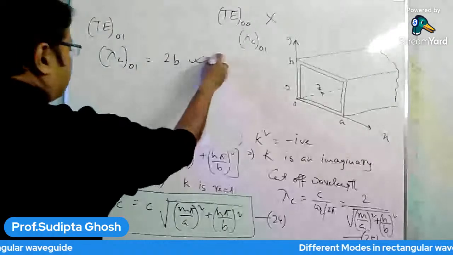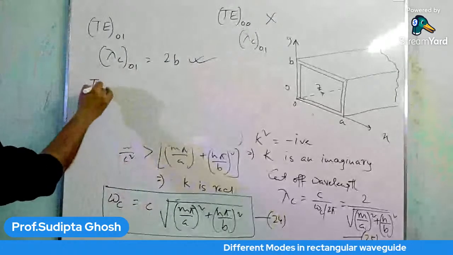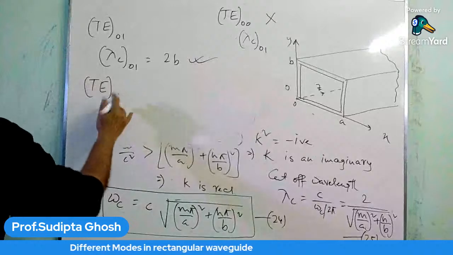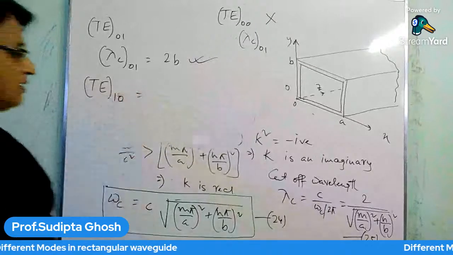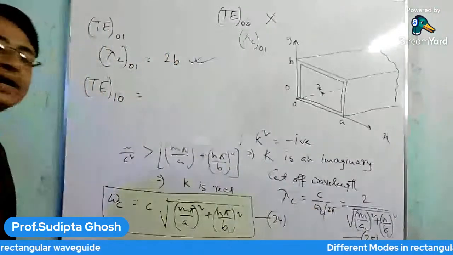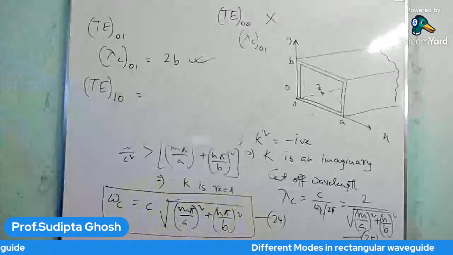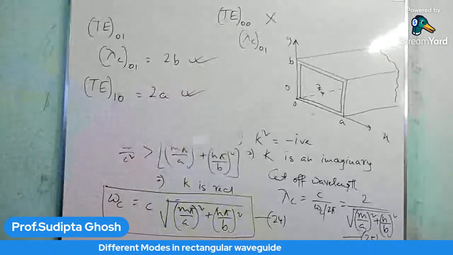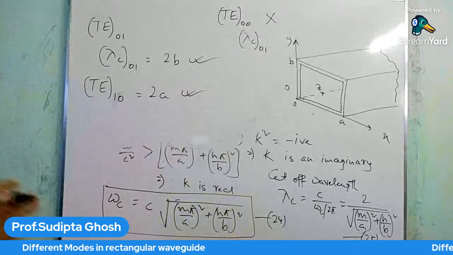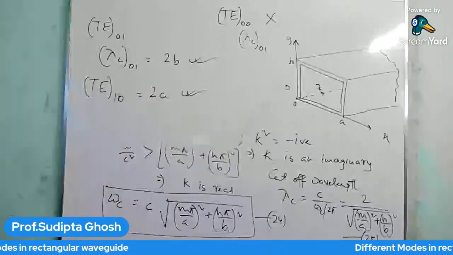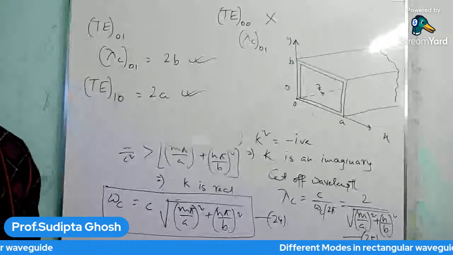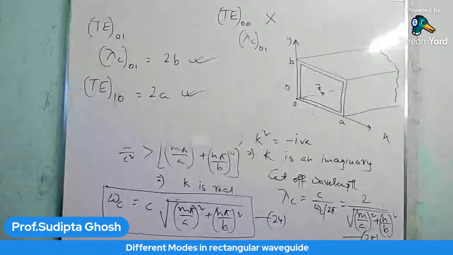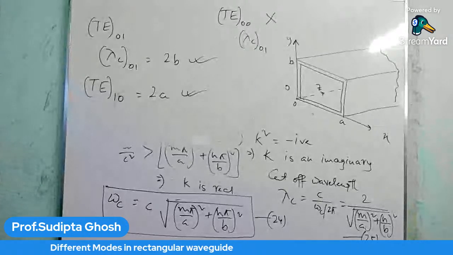So it is possible. Now let's find out the value for TE10, and by putting m equals 1 and n equals 0, we have twice a. So it is also possible. So for the transverse electric field, TE00 is not possible, but TE01 and TE10, both of them are possible.